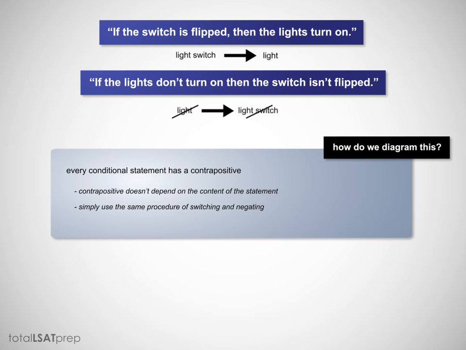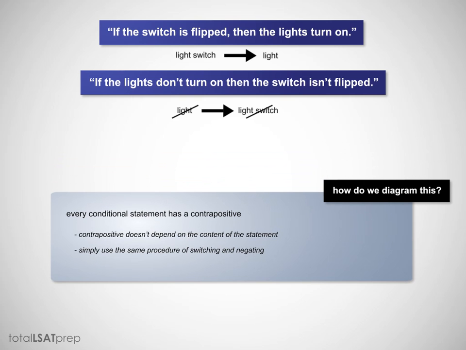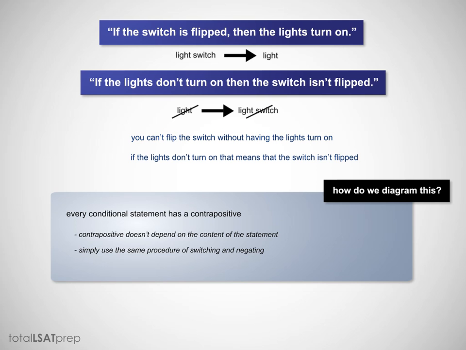And we have light with a line through it, followed by an arrow, followed by light switch with a line through it. So if you know you have a conditional statement, you know you can always find a contrapositive. And so once again, according to this conditional, you can't flip the switch without having the lights turn on. Therefore, if the lights don't turn on, that means that the switch isn't flipped.